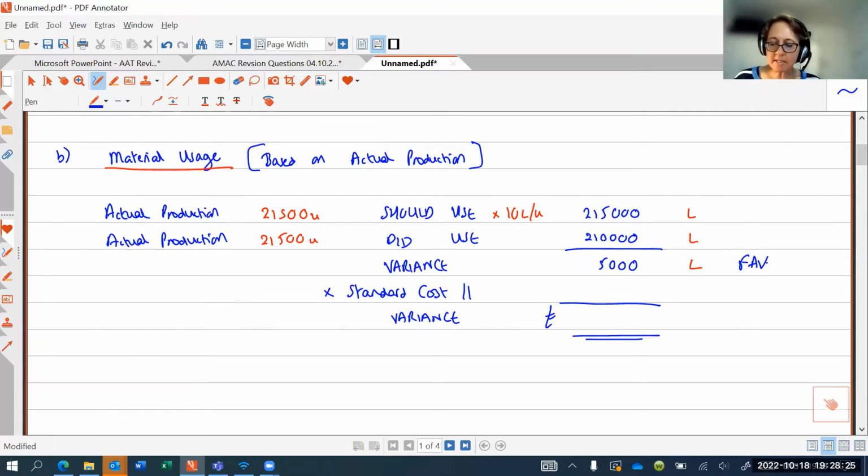And the standard cost of a litre, well, we worked that out, didn't we? To be 70 pence. So for every litre that I didn't use, that I originally planned to use, I save 70 pence. So that's a variance of £3,500 and it's favourable.